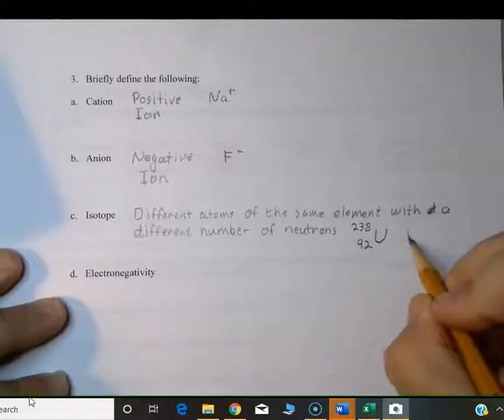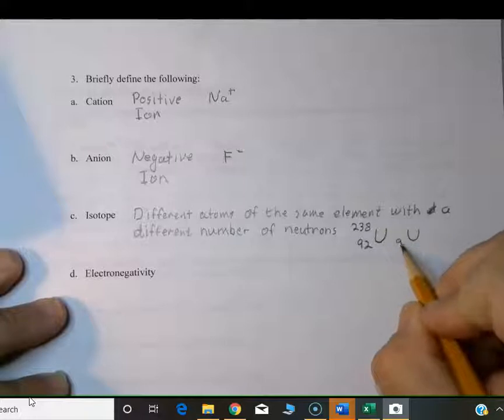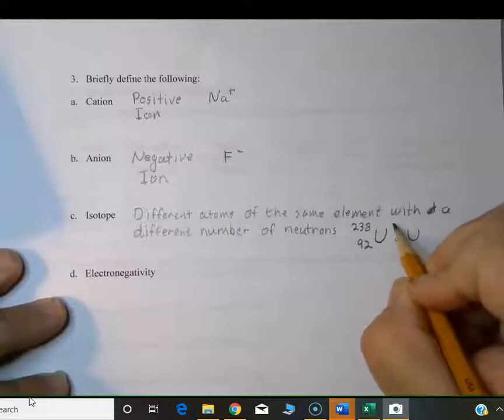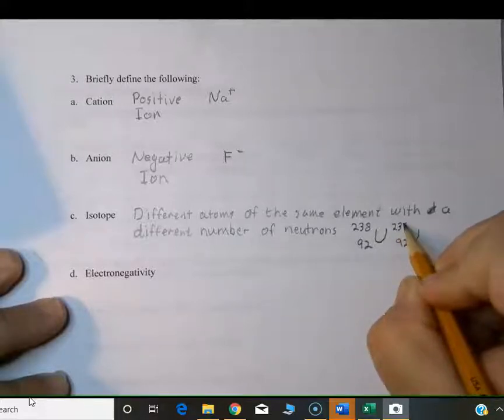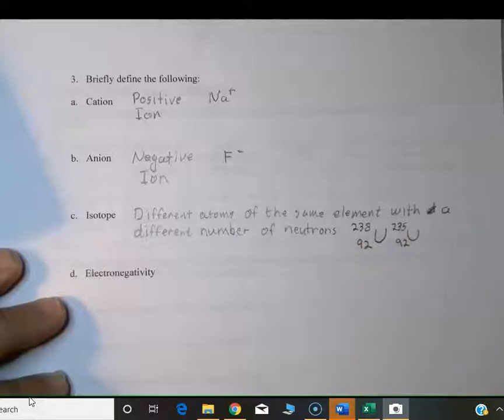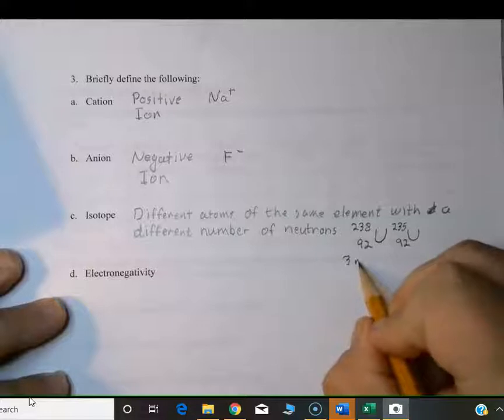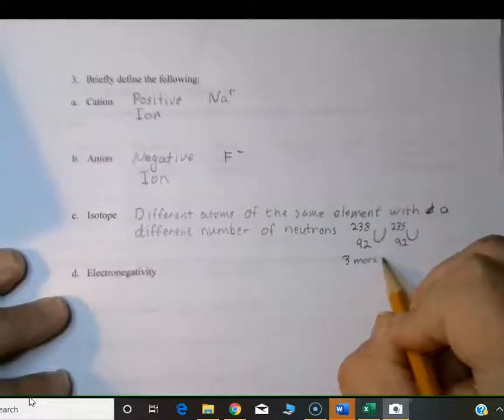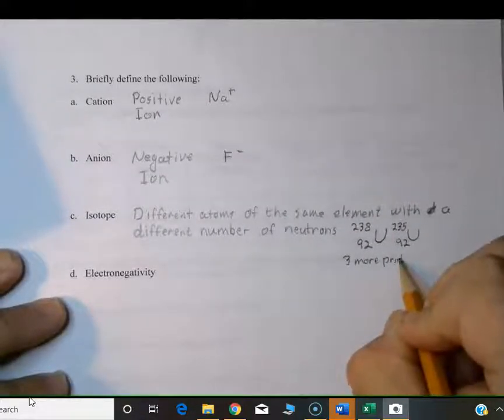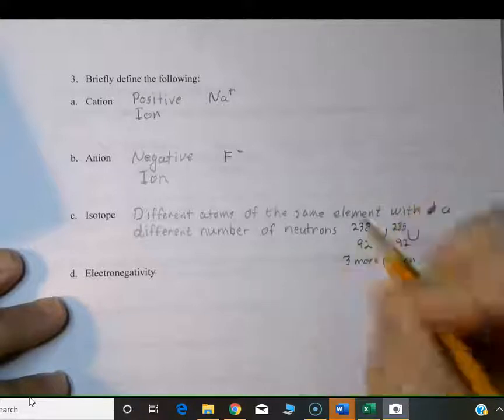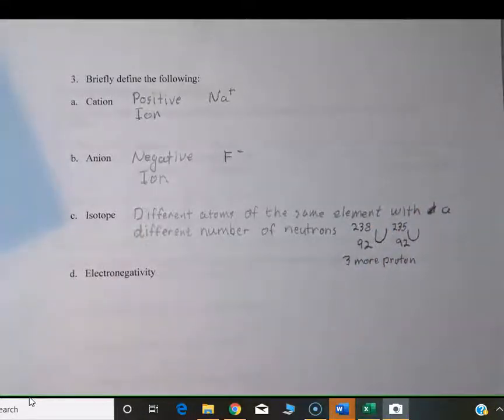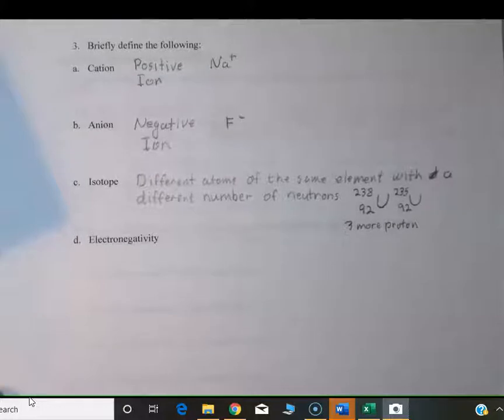And there's a different one that's uranium, still 92, but it's 235. So 238 has 3 more neutrons than 235 does. So I'll write that here. I didn't expect you to write all this for your definition, but again, we're going over these so we really solidify in our minds what these things mean.